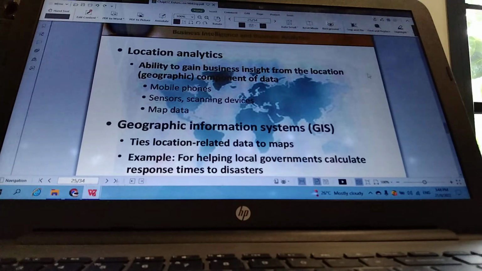So location data is very critical data for analytical purposes. We do have what we call GIS or GPS systems owned by some organizations or firms which provide such data for many purposes, for decision making and so on.